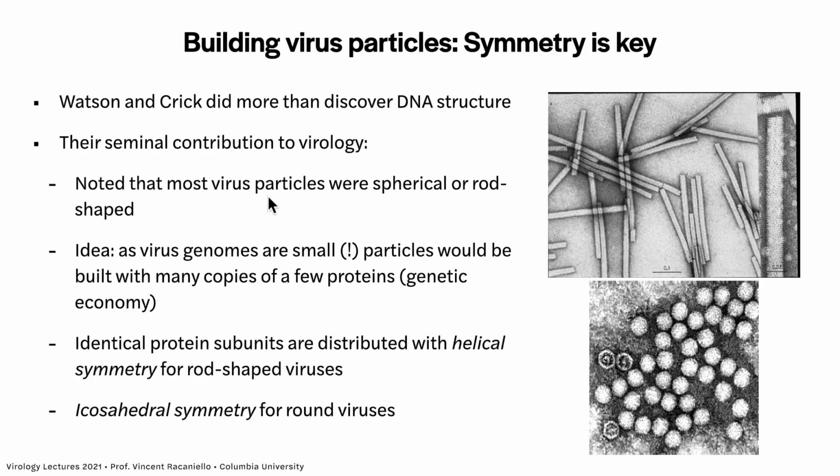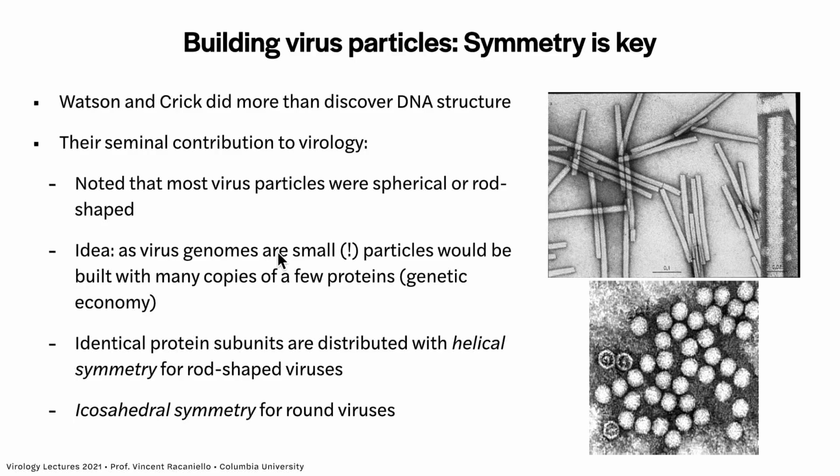They published a paper saying most virus particles, now remember this is in the 60s, where we don't know a lot of viruses and we have very few pictures of them, but said we noticed that most of them are either spherical or rod-shaped like tobacco mosaic virus, or spherical bacteriophage heads and so forth. So they had this idea.